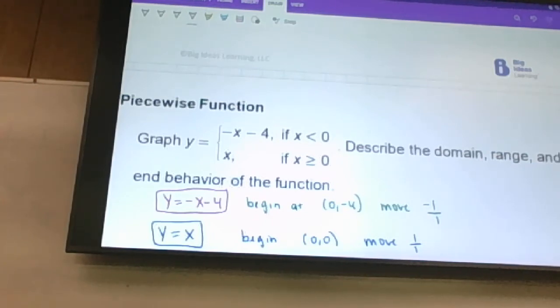Can you read that? X is what? X is less than. Over here, x is actually higher. So you should actually erase this side. They should never overlap.